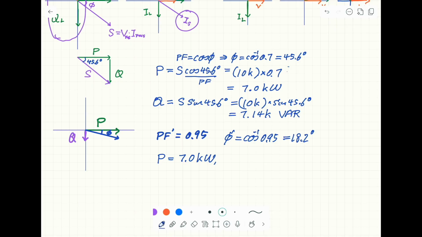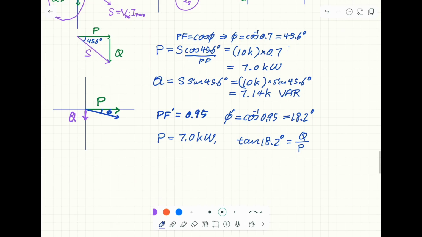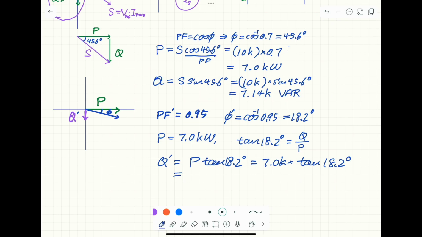So we can use this one and say tangent 18.2 degrees equals Q over P. And the new Q is equal to P tangent 18.2 degrees, and this is 7.0 k tangent 18.2 degrees, and you will find this equal to 2.3 kVAR.